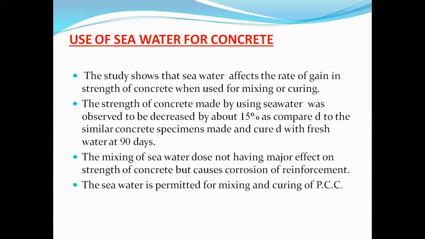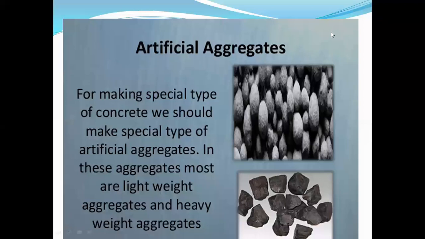Then we go to the artificial aggregate. Artificial aggregates are processed aggregates, made from natural material, but we have to process them into the required shape and size, such as the coarse aggregate used at the site, or the crushed sand.